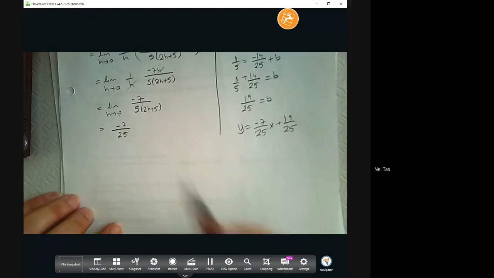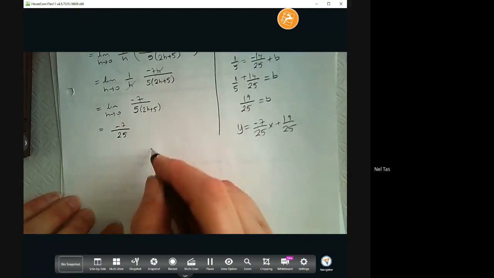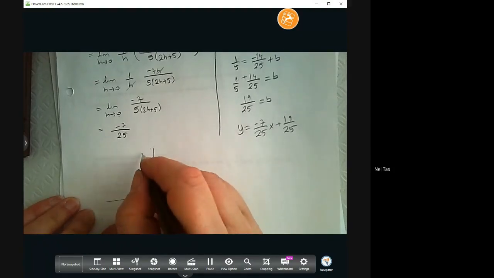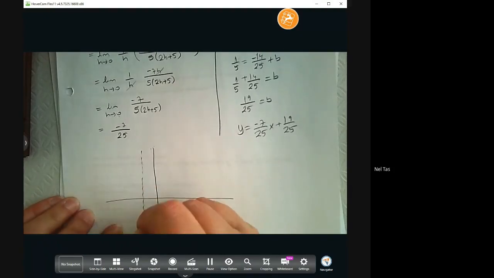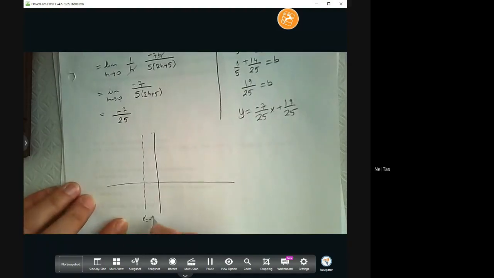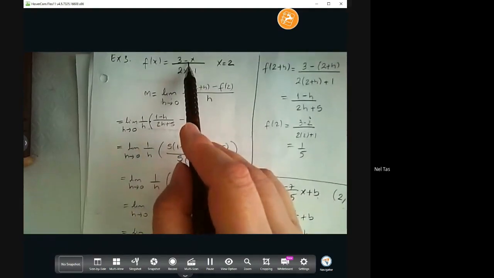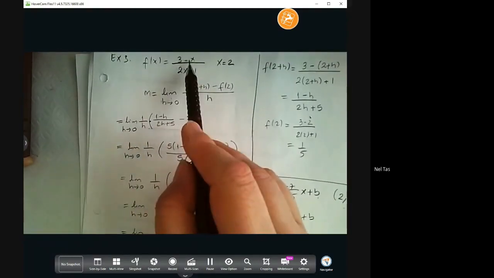So if you were to sketch this graph, there's a vertical asymptote at x equals negative 1 over 2. And there's a horizontal asymptote at, if you look at the coefficients of x and x, so that's negative 1, that is 2, negative 1 over 2.